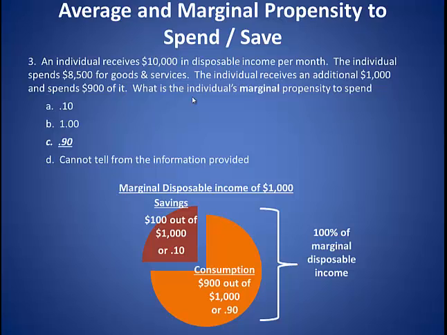But now this individual receives an additional $1,000, a marginal amount of disposable income, and now they're spending $900 of it. So we have a new computation: we're spending $900 of $1,000, which means our marginal propensity to consume has now gone to 90%. So the answer would be C, 90%.